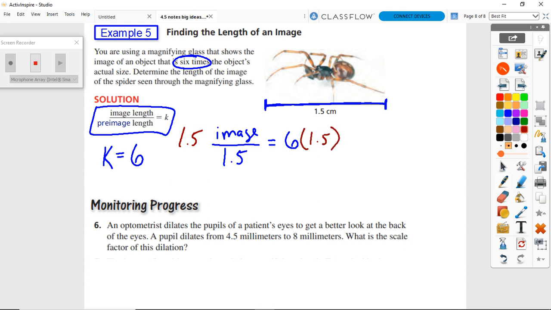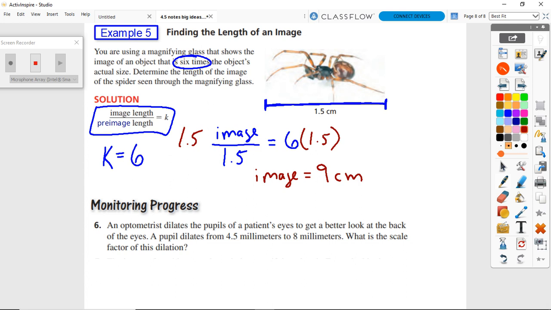So the image will equal 9 centimeters. So whoop, it got bigger because our scale factor is greater than 1. So a 1.5 centimeter spider looks like it's 9 centimeters whenever you're looking at it through the magnifying glass.